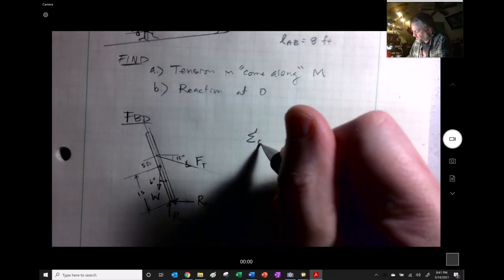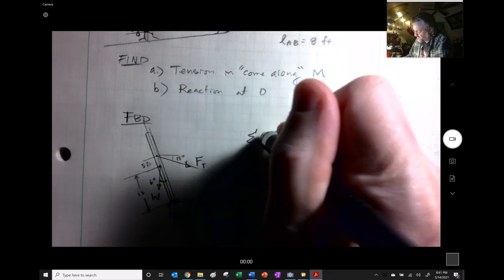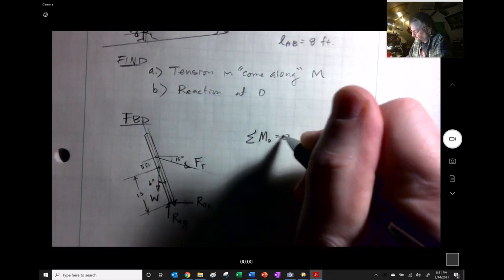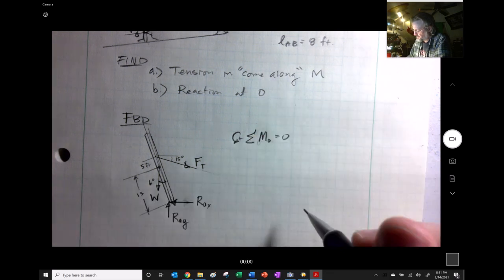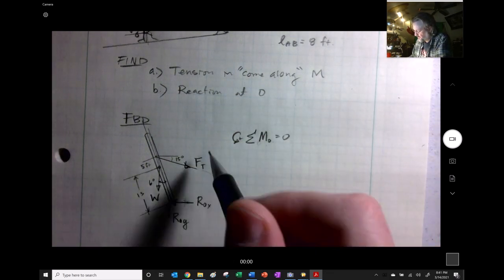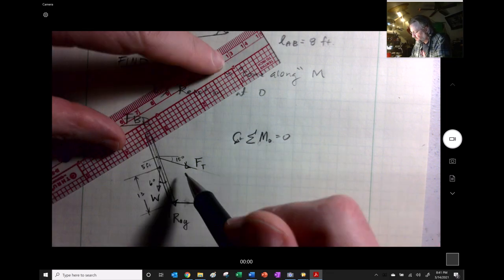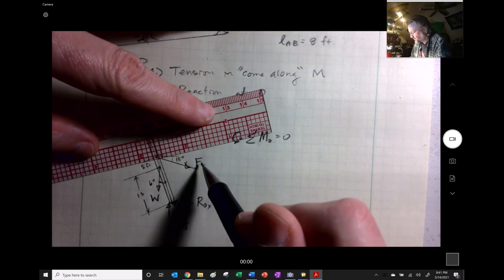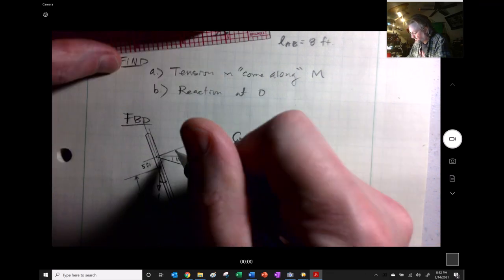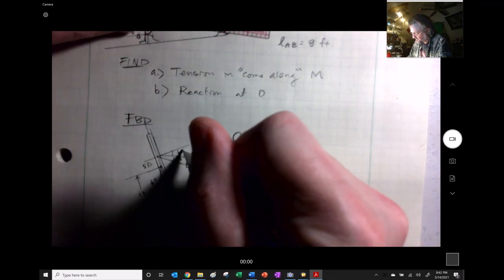Sum of the moments about O, counterclockwise is positive, and we take a look here. First off, I want to go with this force right here. I want to make sure I know that that's 6 degrees.